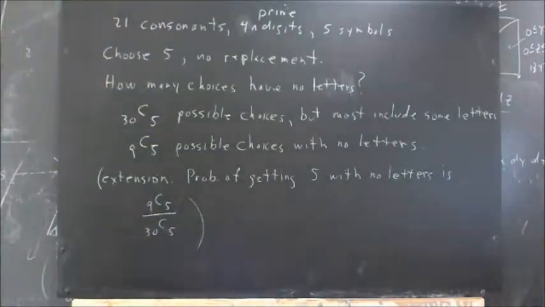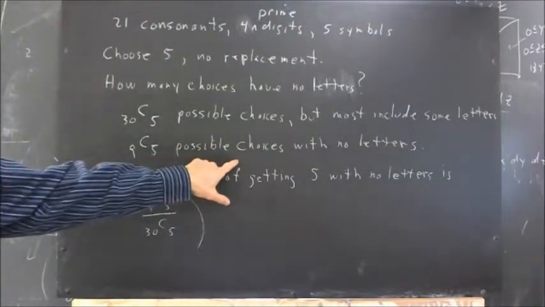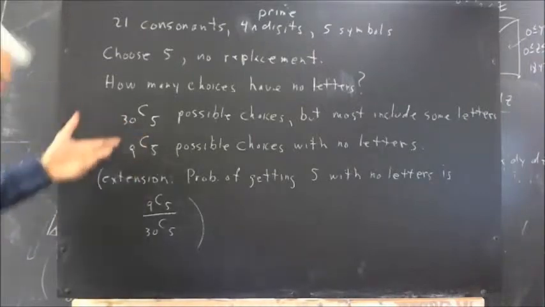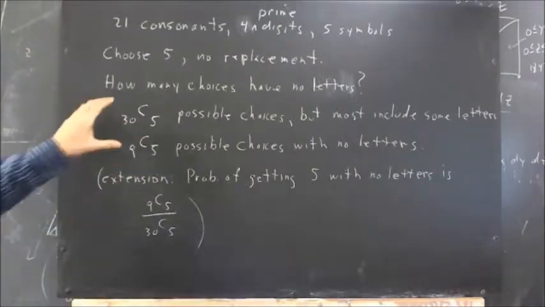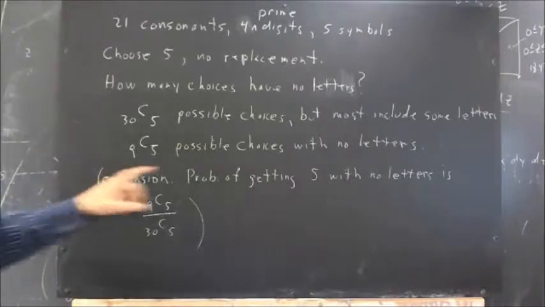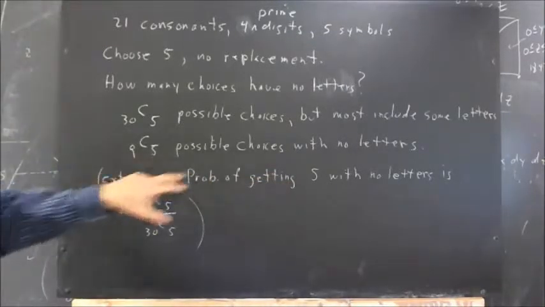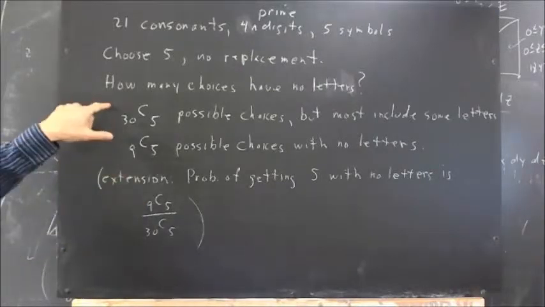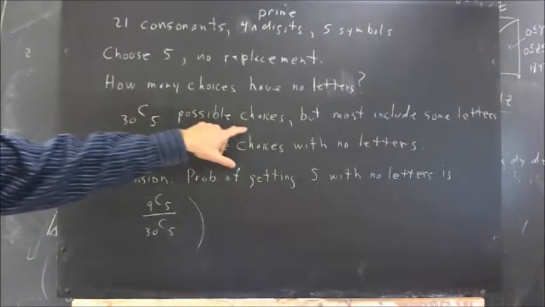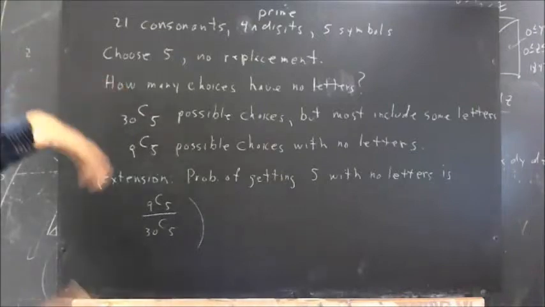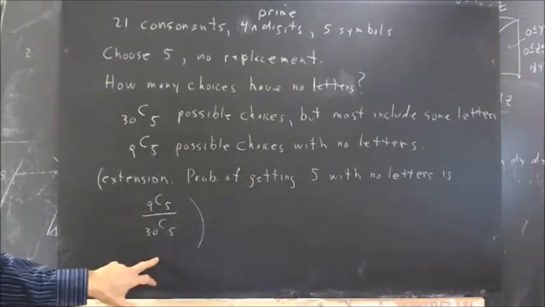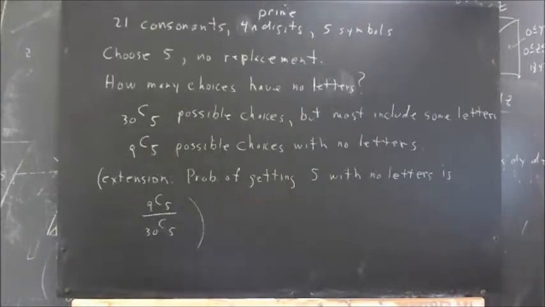Well, there are this many ways to get a card with no letters, and there are this many possible 5-card hands, so the probability is going to be the number of choices that have no letters, the 9C5, divided by the total number of possible 5-card selections, which is 30C5. So we just divide this by this, and we get that probability.